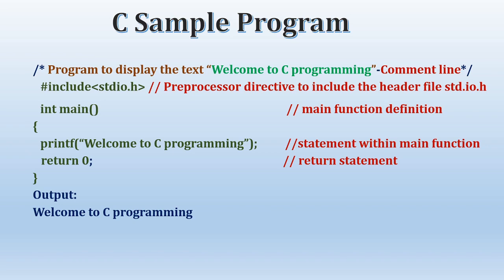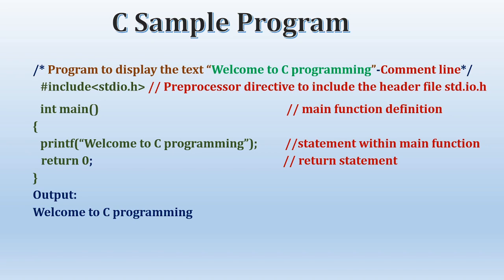Then within the main, with the help of this printf statement, welcome to C programming is written within double quotes. Anything written within double quotes in printf is taken to be a string.